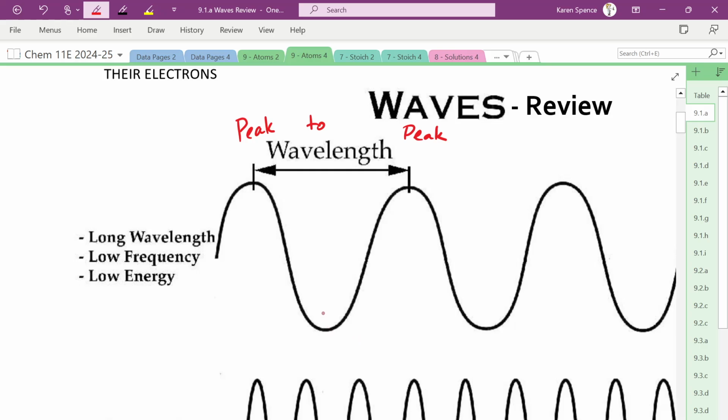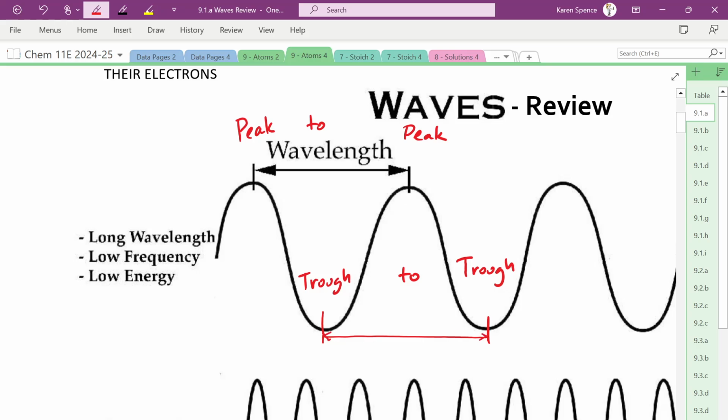Or you can also go from trough to trough. You guys know what a trough is? Okay, trough to trough is also a wavelength.